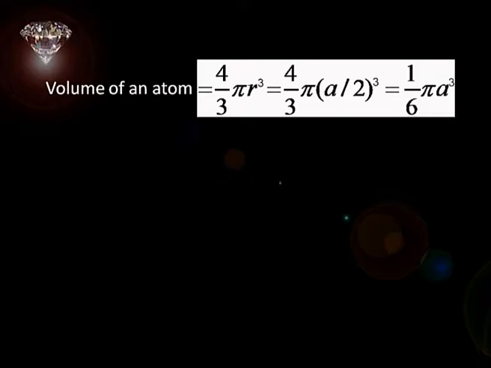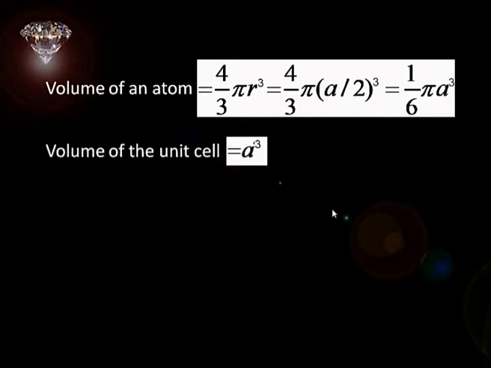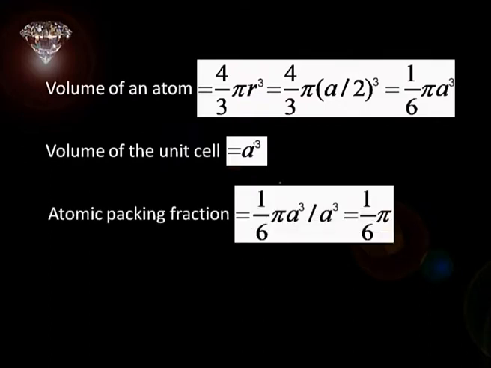Now, if you know the radius, we can find the volume of the atom, that will be 4 by 3 pi r cube. We just substitute R by A by 2 and work it out. It comes out to be 1 by 6 pi A cube, where A is the unit cell parameter. The volume of the unit cell, for a simple cubic system with edge length A, is A cube. The atomic packing fraction will be the ratio of these two: the volume of the atom to the volume of the unit cell.